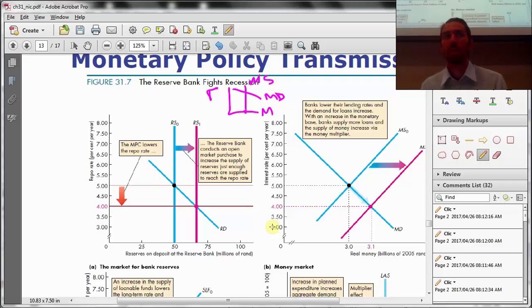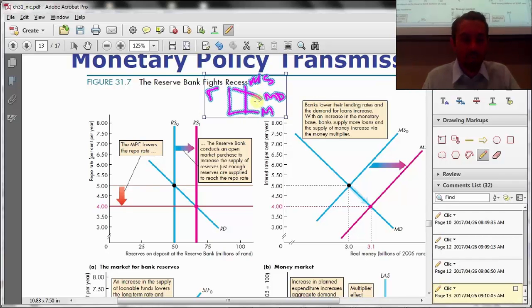We summarize this usually as just saying the money supply curve is vertical and controlled by the Reserve Bank. When the Reserve Bank increases the money supply, sorry, I can't draw it over here, but when it increases the money supply, you have a movement down the money demand curve, which is exactly what you end up with here, a movement down the money demand curve with lower interest rates.